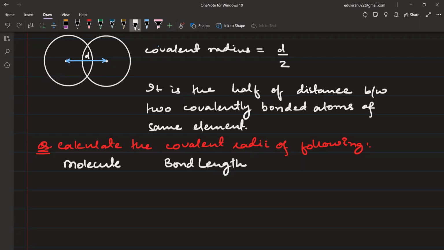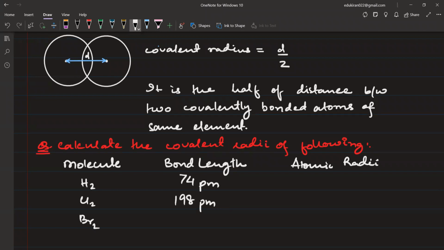This is the bond length, okay? And then we'll write the atomic radii. So let us say we have hydrogen, chlorine, and bromine. The bond length is measured as 74 picometer. Here it is 198 picometer, and here it is 228 picometer.